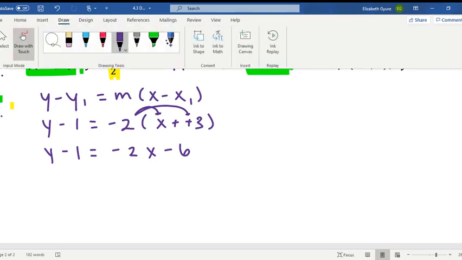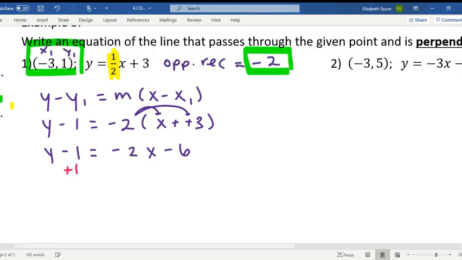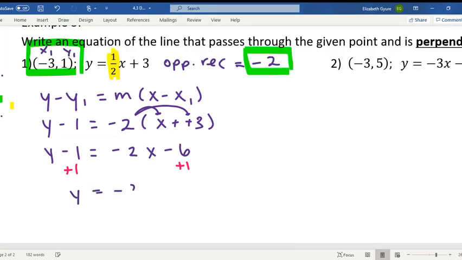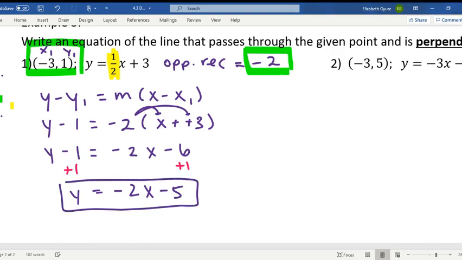We're going to add it. Yeah, exactly. We're now going to add over our 1. So that'll give us y equals negative 2x. And what is negative 6 plus 1? Negative 5. Exactly. It's almost the exact same thing as what we did yesterday. You just got to figure out what happens with your slope first. That's the only difference. Good.